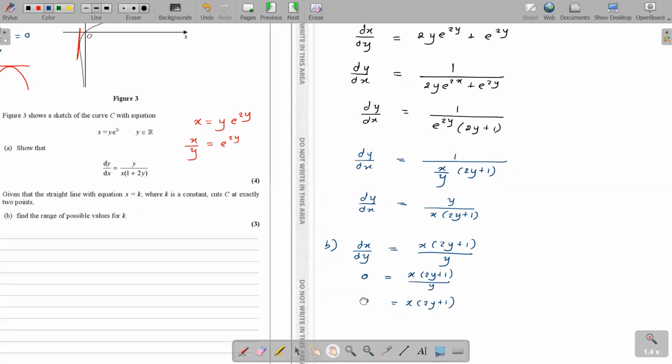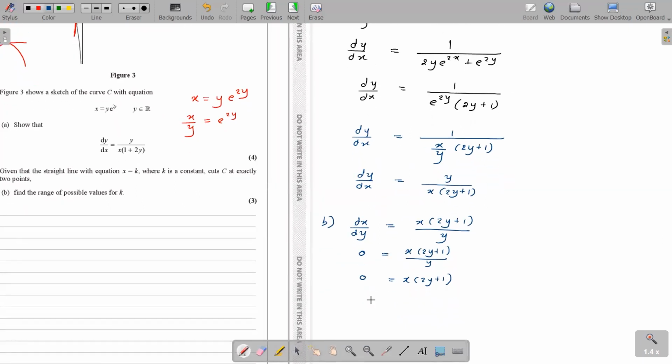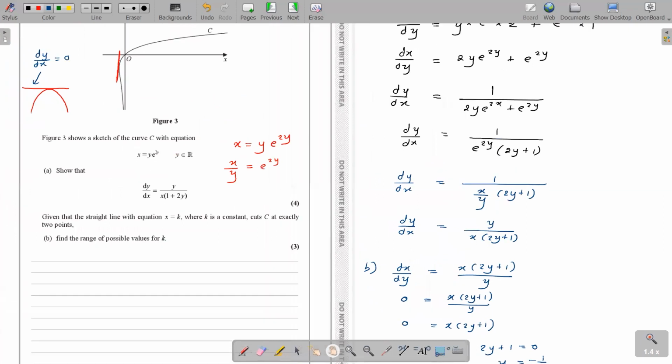So we get here two values, right? We get x is 0, because here y multiplies with 0 and that will immediately go away. Or 2y plus 1 equals 0, which means y equals minus half. These are 2 points. At x equals 0 also the tangent is parallel. I think you can see here that this goes towards negative infinity.